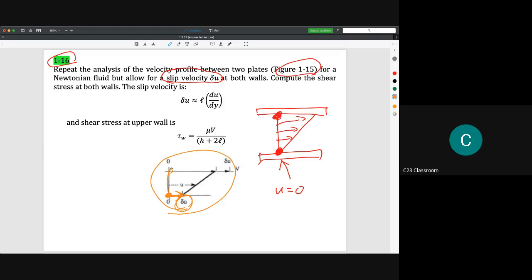And what happened to this? If the molecule here is showing a slip condition, it means the molecule has some behavior of not sticking on the surface. It can happen depending on two things. One is the properties of your fluid. We could engineer our fluid, add something and so on.